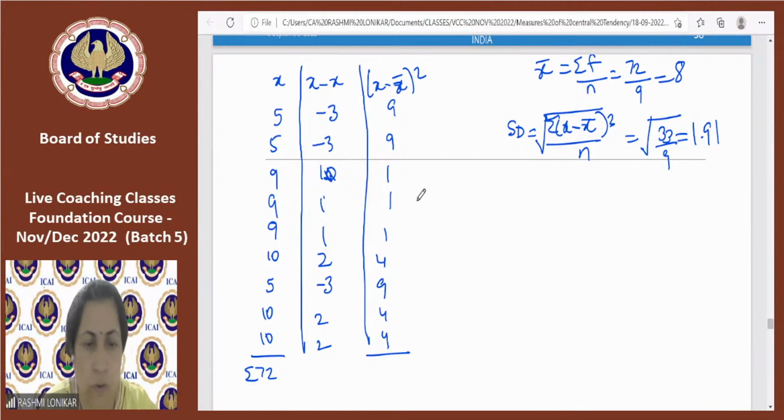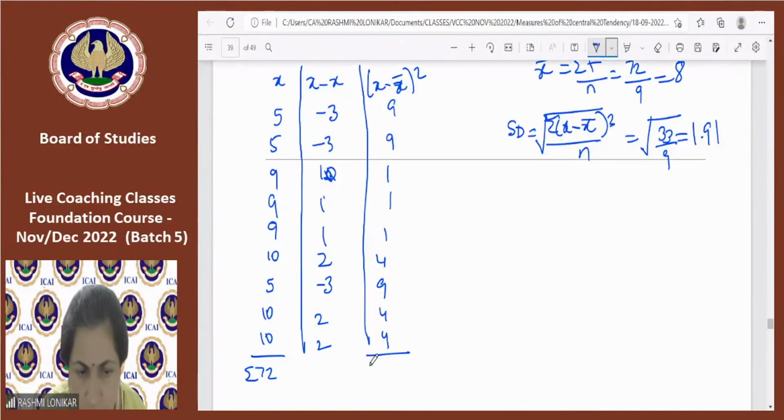Now let me see what the addition is. 27 plus 12 plus 3. This is 42, not 33.